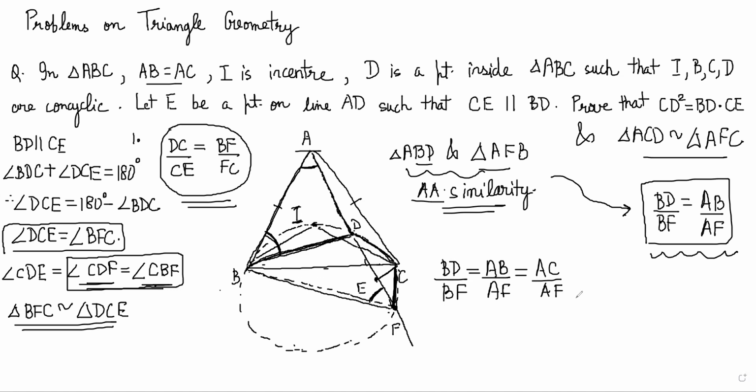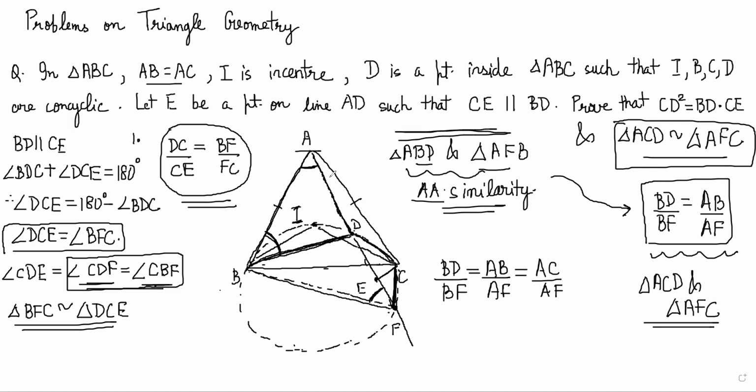Now, using this similarity, you can prove the similarity of triangle ACD and triangle AFC in the exact same manner, just like we did this. It will also have a common angle. The common angle will be this, and it will also be done by the alternate segment theorem. Okay, so you can prove this. You will get that AC by AF will be equal to DC by CF.